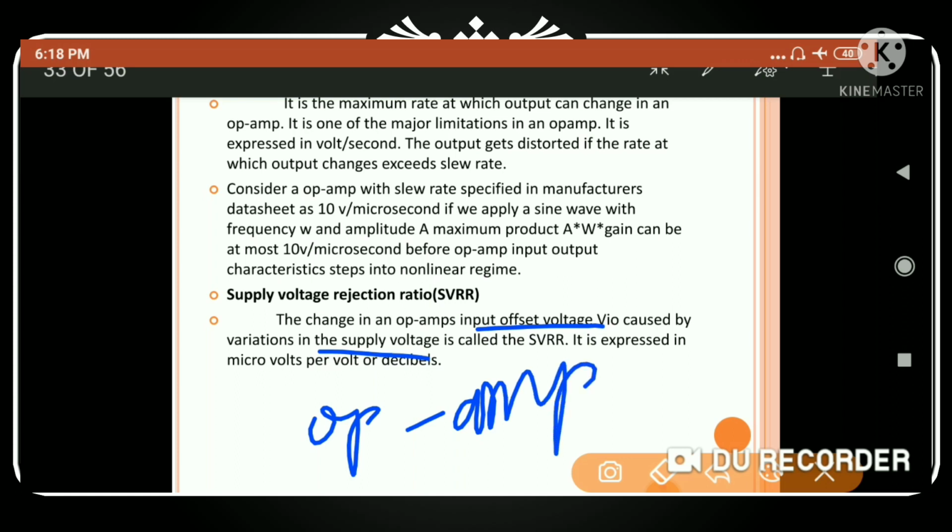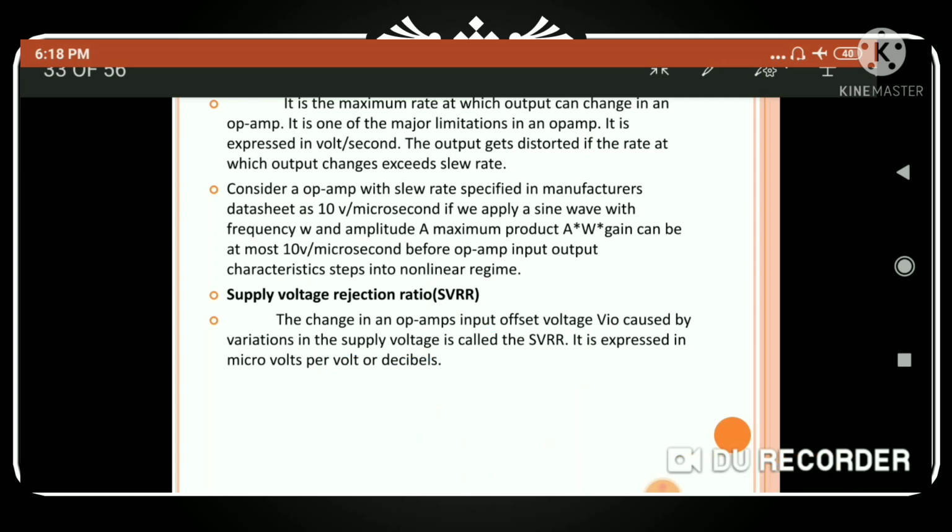That is known as the supply voltage rejection ratio. It is expressed in microvolts per volt or decibels.